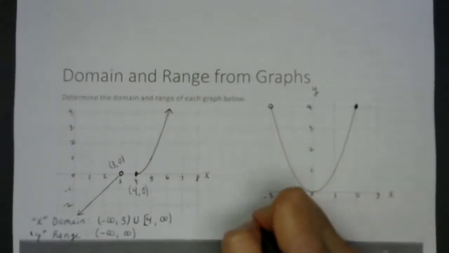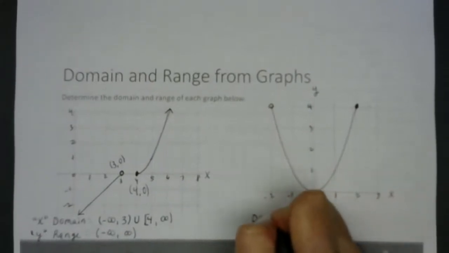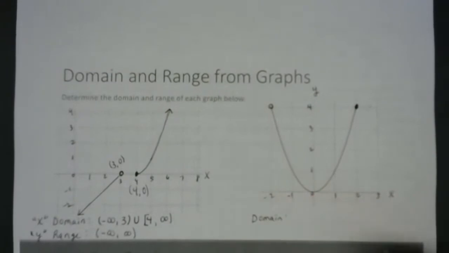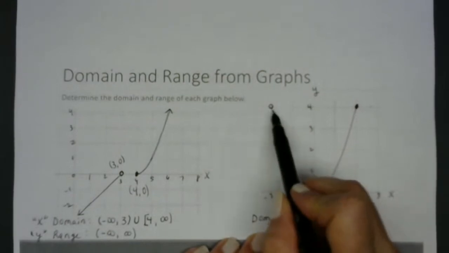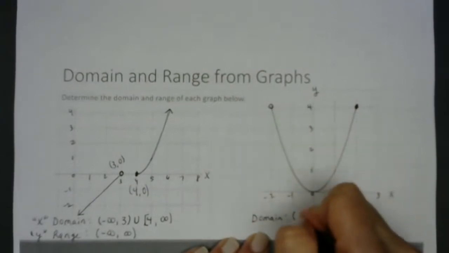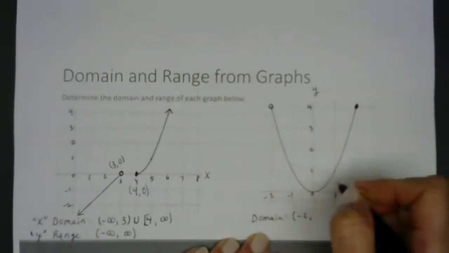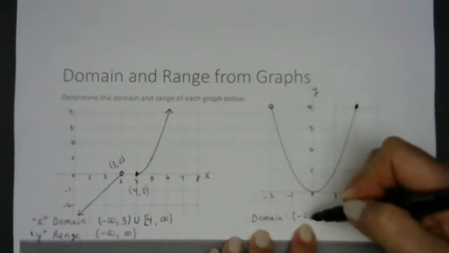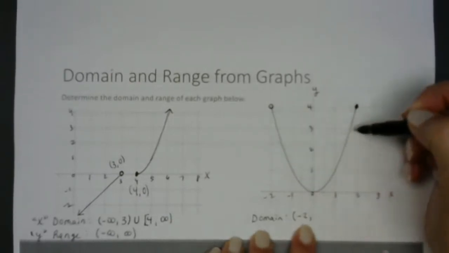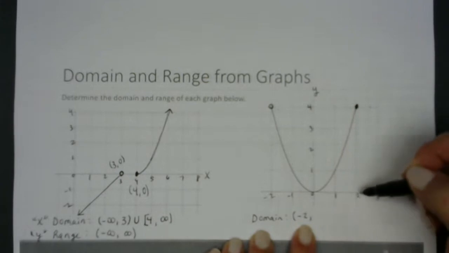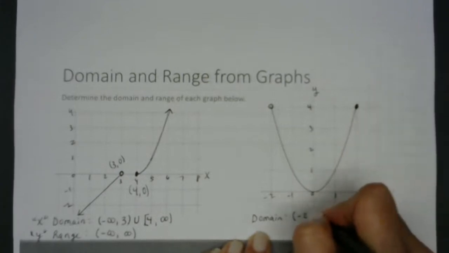So the domain here, all our possible x values, is what? Let's see. We're going to go left to right with our x, right? The smallest x is here at -2, but I've got the open circle. So I want to say parenthesis -2, comma, to indicate this interval is continuing. We're all the way up until the furthest right portion on this graph is occurring right here at x equals 2.